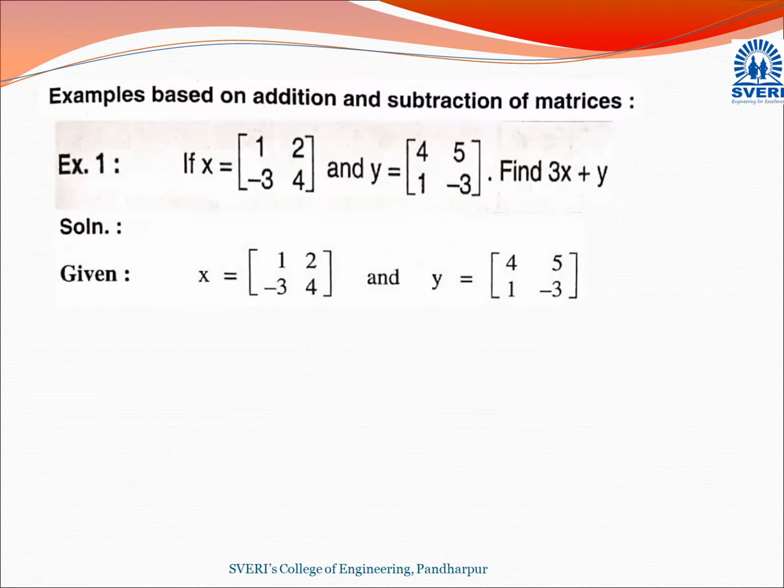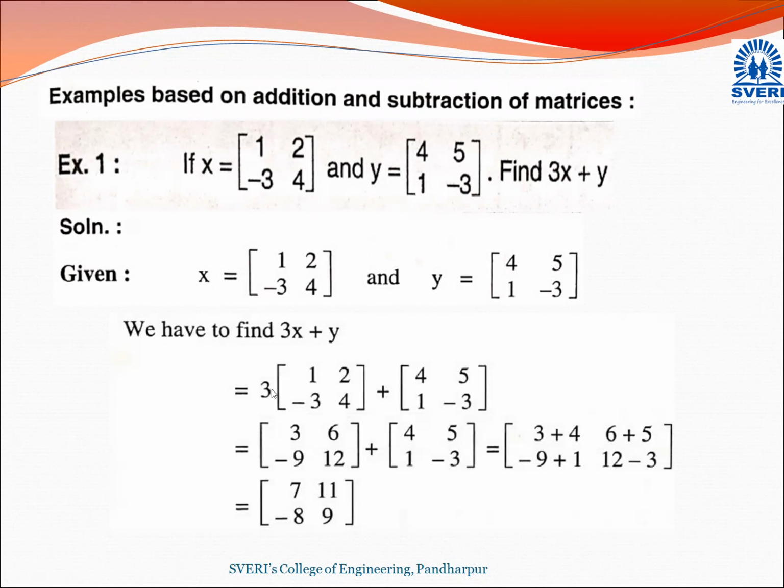Now we are taking some examples of addition and subtraction of matrices. If matrix X and Y are given, X is equal to 1, 2, minus 3, 4, and Y is equal to 4, 5, 1, minus 3. So we have to find 3X plus Y. Means here, this X we have to multiply by 3. Multiplying X with 3, we get 3, 6, minus 9, 12, plus Y as it is, 4, 5, 1, minus 3.